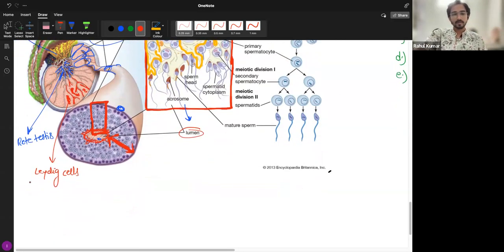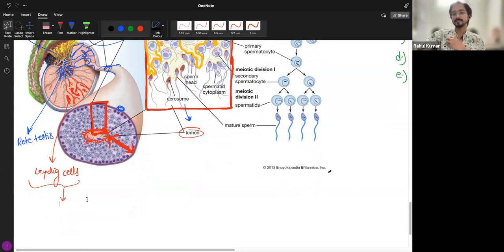Okay. Now, what are these Leydig cells responsible for? Remember LH from the pituitary. I'm just connecting dots. When LH from the pituitary comes and signals the testes to produce testosterone, ultimately some cell inside the testes has to take up this job, right?